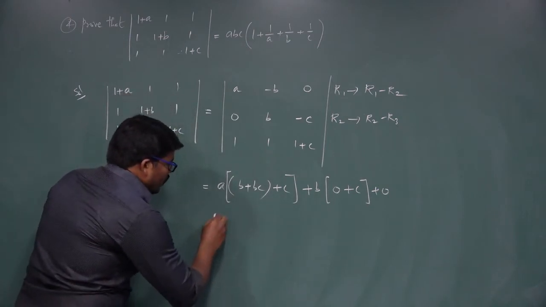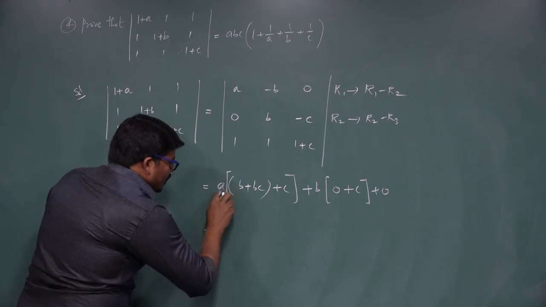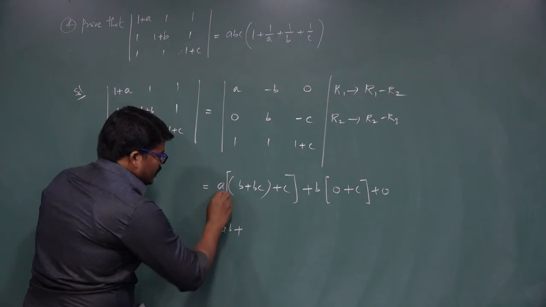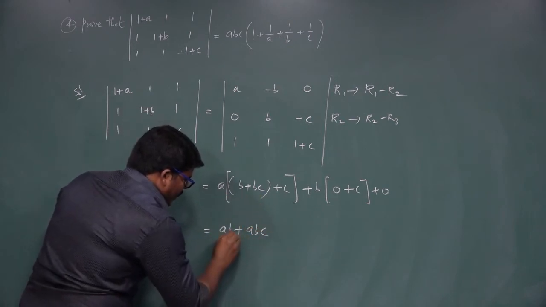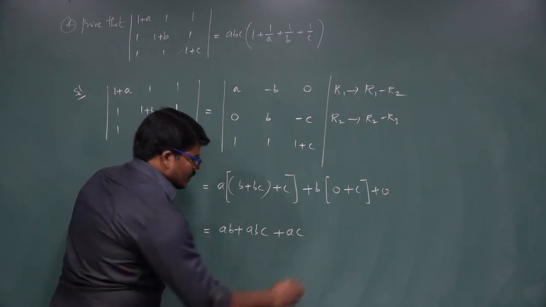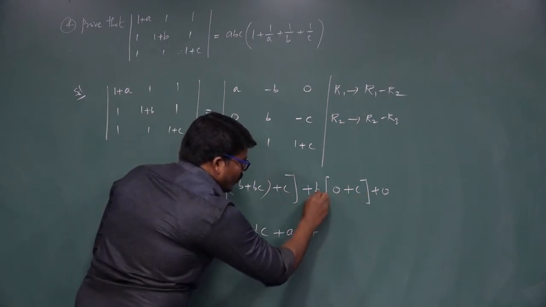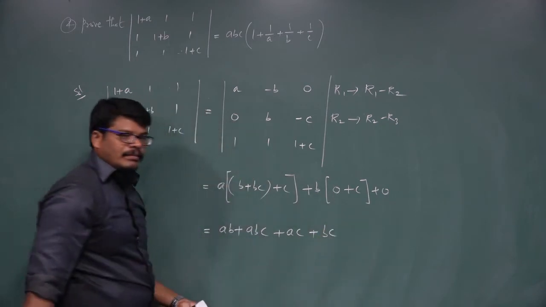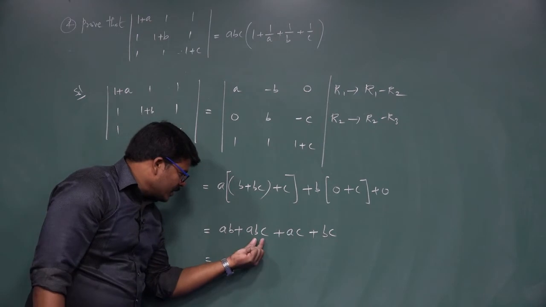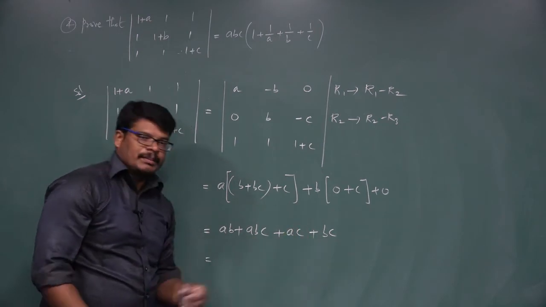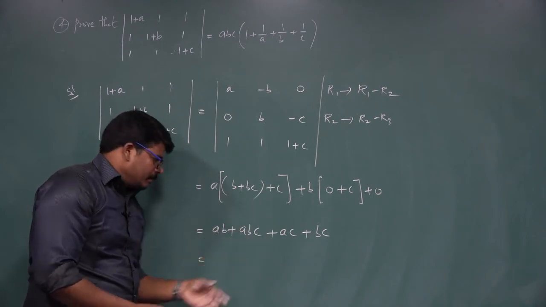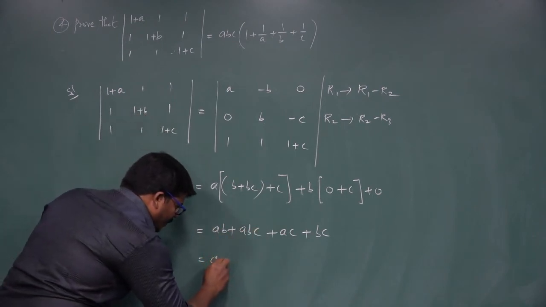Now multiply this value. A is multiplied by this term: AB plus ABC, plus AC, plus B into 0 is 0. Next plus BC. This term is AB plus ABC plus AC plus BC. Now taking common ABC.